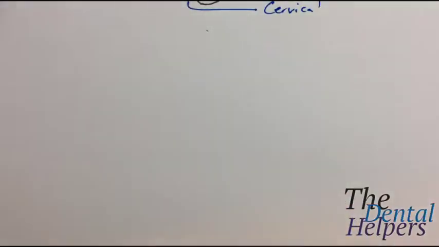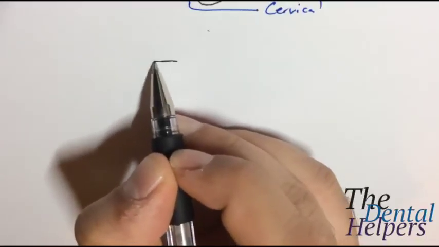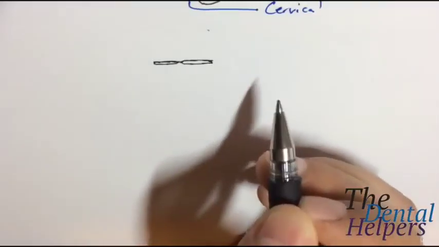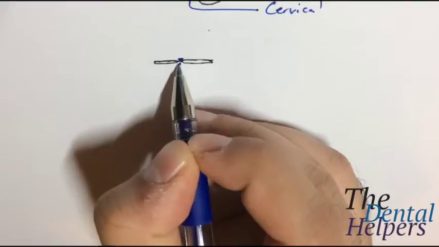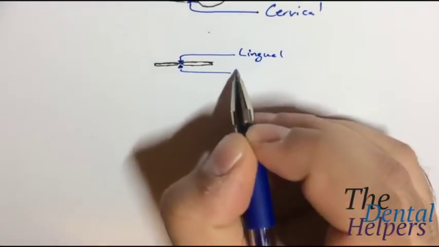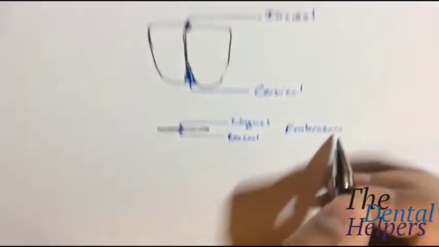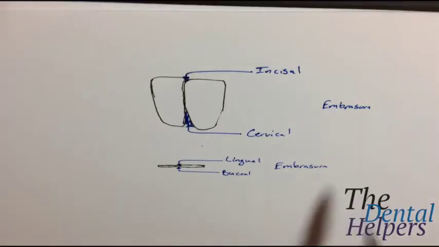And then if we were to look at those same teeth, and this is the incisal edge, we have 2 more spots right here. One is at the buccal, and the other is at the lingual. So typically for the board exams, they're going to ask questions that relate to these embrasures. So you might want to make sure you have those in your head.